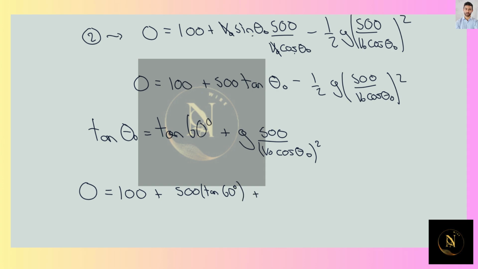plus 500 squared over b0 cosine of theta 0 squared times g minus 1/2 of g times 500 squared over b0 cosine of theta 0 squared.